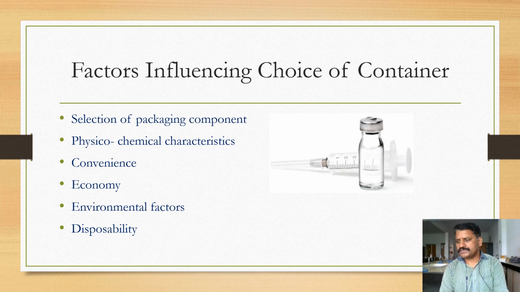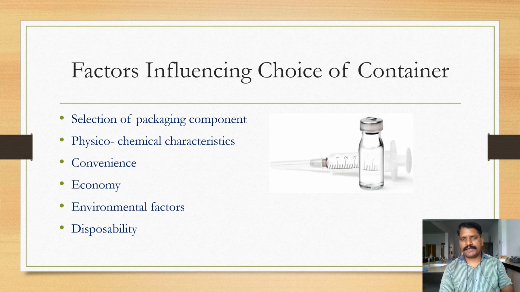This selection is influenced by certain physical characteristics of the drug product, like its physical state, stability, weight and rigidity, and surface nature or surface finish. So these are some of the properties of the drug component we should consider while selecting a particular packaging material.